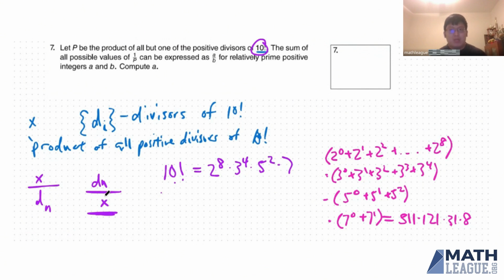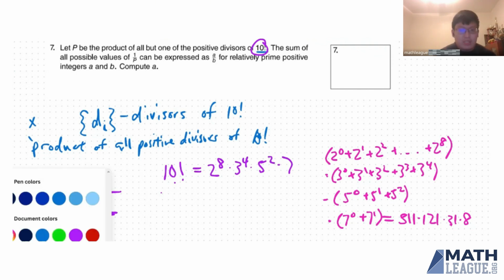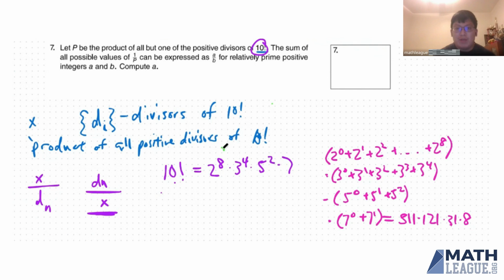Now, the denominator is the product of all of the positive divisors of 10 factorial. Now, you might be wondering, what is that? Well, let's see. The number of divisors of 10 factorial is 9 times 5 times 3 times 2, which is 270. So that means that there are 135 factor pairs of 10 factorial.